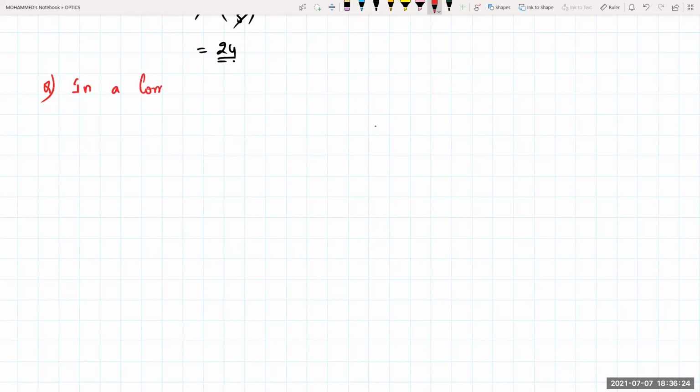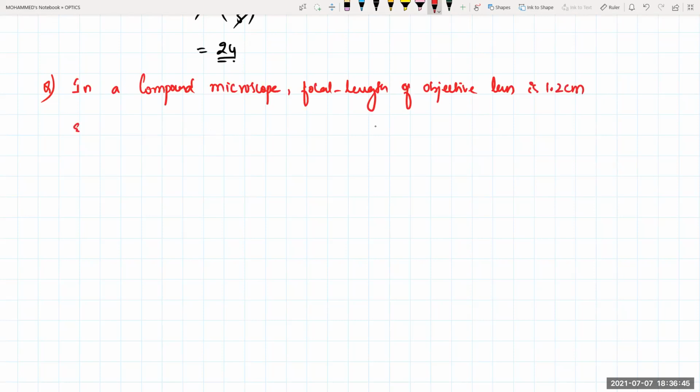In a compound microscope, the focal length of your objective lens is 1.2 centimeter, and the focal length of the eyepiece is 3 centimeter.